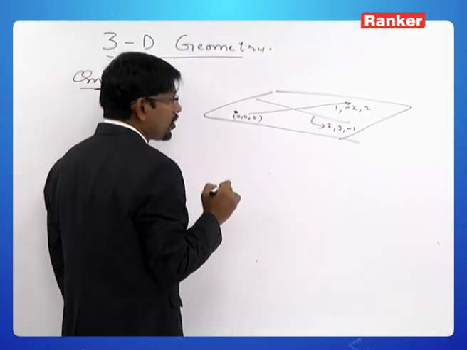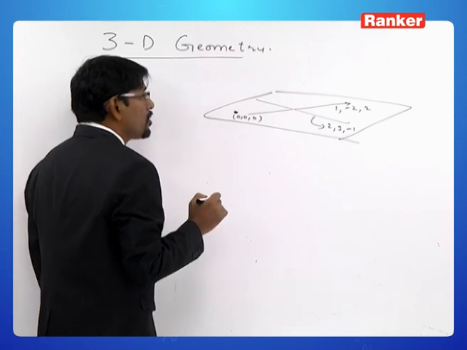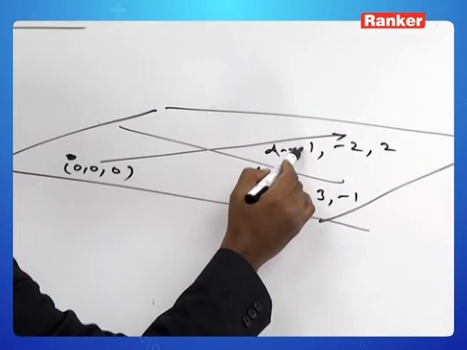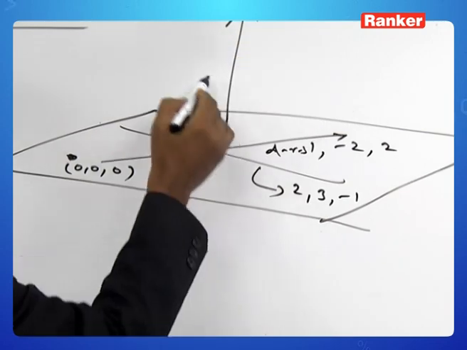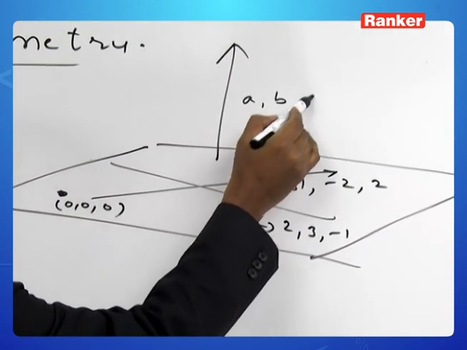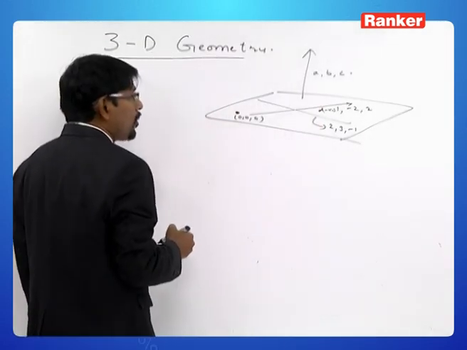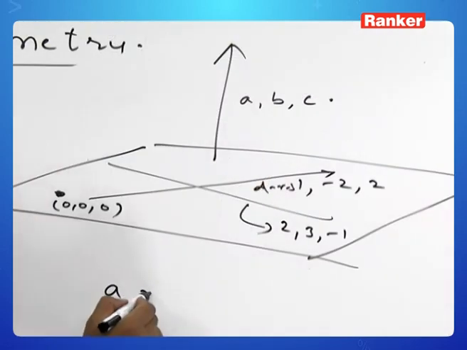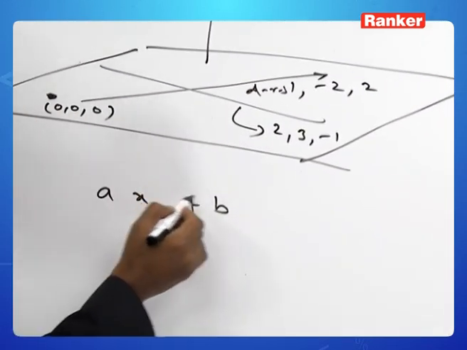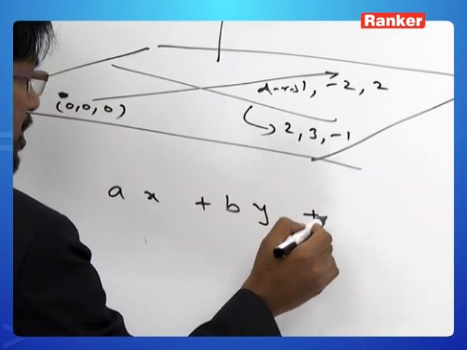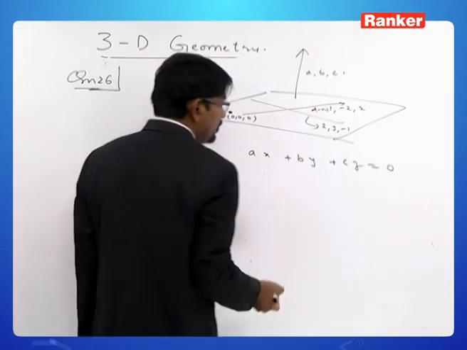Also origin is a point on the plane. So DRs of the normal, let's take them as A, B, C. So the equation of the plane, we can write it as a into x minus 0 plus b into y minus 0 plus c into z minus 0 is equal to 0.